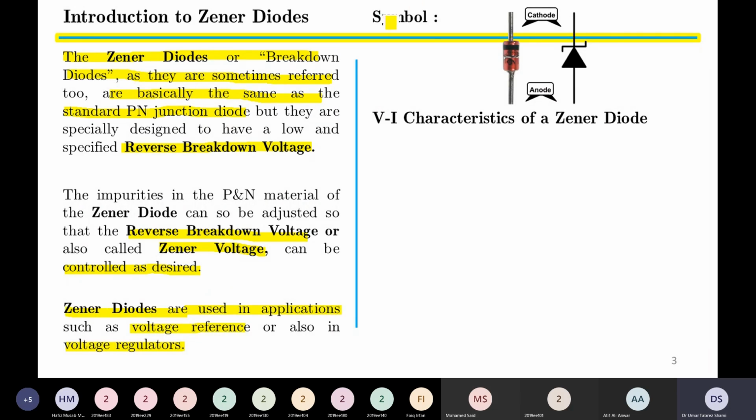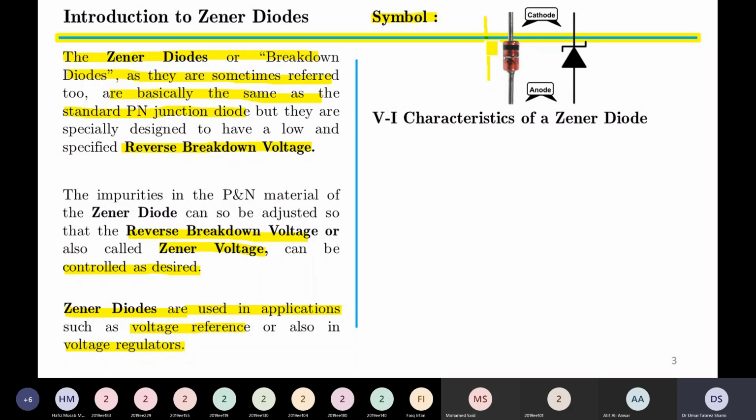And in this diagram, we see the symbolic representation and the practically available Zener diode. It consists of two terminals. One terminal is called the cathode terminal and the second terminal is called the anode terminal. Now, looking at the practical diode, how do we identify which terminal is the cathode and which is the anode? Well, on every practical diode, we will see a black colored strip that is directed towards one terminal.